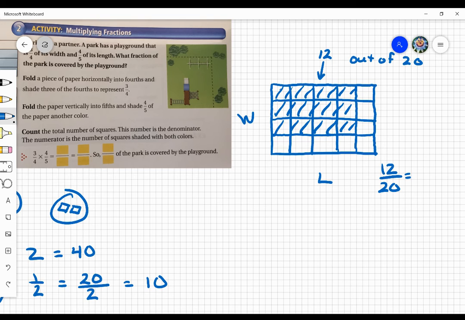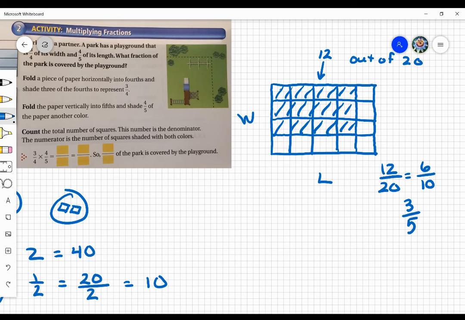That can also be simplified, since they're both even, down to 6/10, and it can still be simplified down to 3/5. So it looks like 3/5 of this park is covered by the playground.